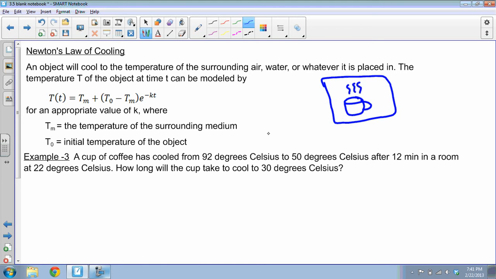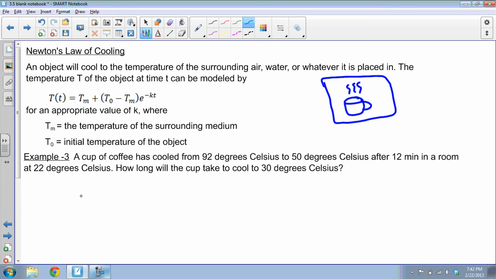So T of M is the temperature of the surrounding medium. The surrounding medium a lot of times is going to be air, or if you dropped something in cold water, your medium would be water. T of 0 is the initial temperature of the object, or T of O, depending on what you want to call it. T is the amount of time that it's been going on.